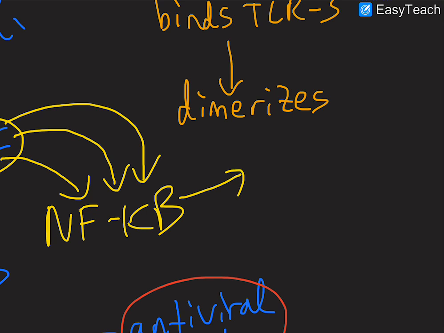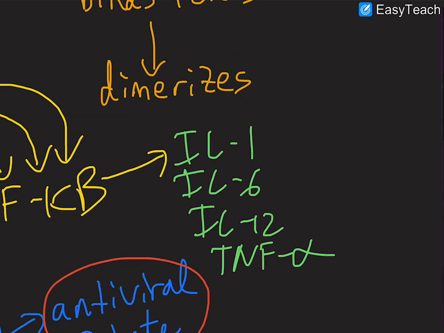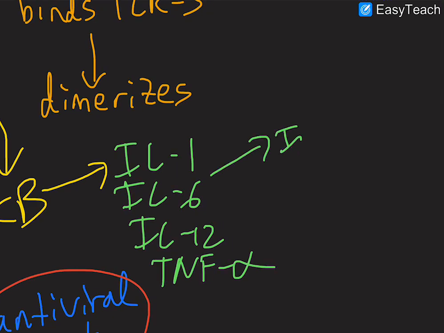And we know that when nuclear factor kappa B is activated, this leads to the production of many different cytokines like IL-1, IL-6, IL-12, TNF alpha. And of course, we know that these cytokines lead to inflammation.